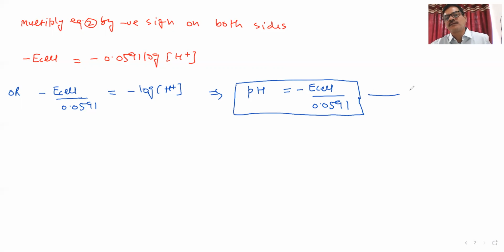This is equation, suppose 3. So if we know the EMF of the cell for a particular hydrogen electrode, then we can determine the pH of the solution. For example, we can consider one problem here.